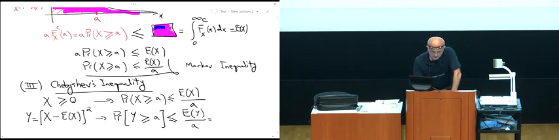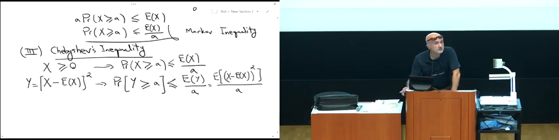But what is the expected value of Y? It was the expected value of something squared: (X minus E[X]) squared, over a. Are we all here?